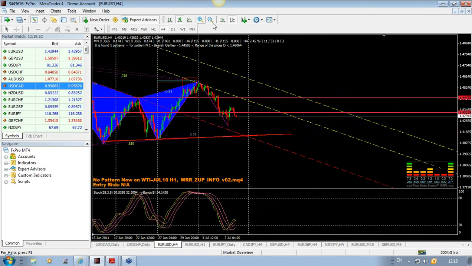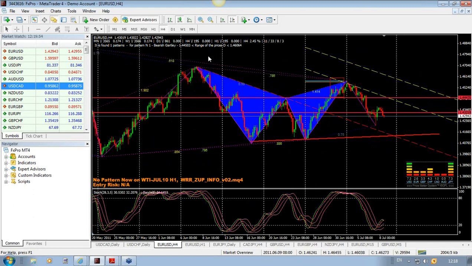Now, harmonic patterns are based on statistics only. That's the only thing that you must understand and remember always. The stop loss is always lower than the possible profit. So we can have many losses in a row.